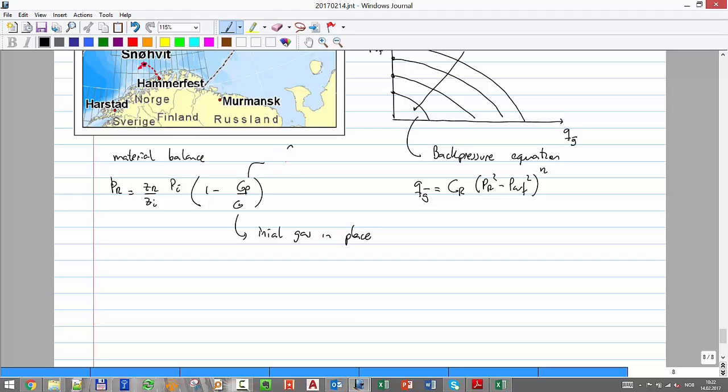GP is the integral from 0 to time t of Q gas dt.